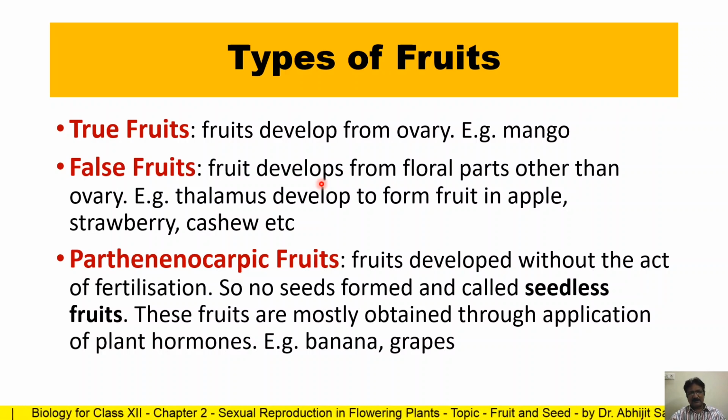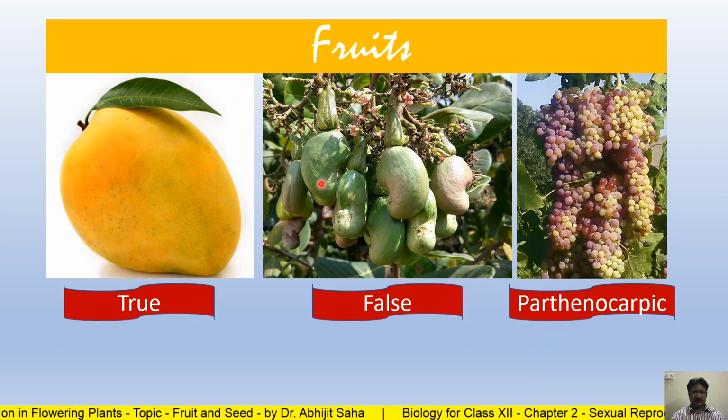Here, there is no fertilization. Since there is no fertilization, no seeds are formed because seed is the product of fertilization. Since there are no seeds formed, these are called seedless fruits or also called parthenocarpic fruits.